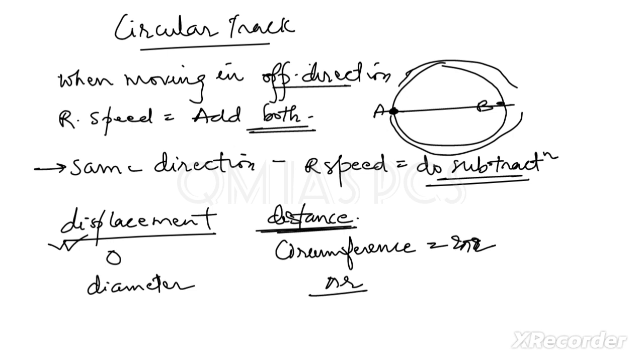And if you start from this point and end at that point, then your shortest distance will be A to B, that will be your diameter. This is a very simple thing, you just have to write it down, and maybe it will be asked while solving numericals.